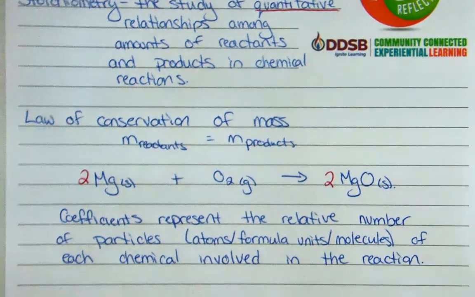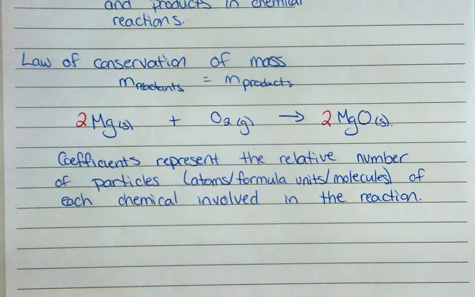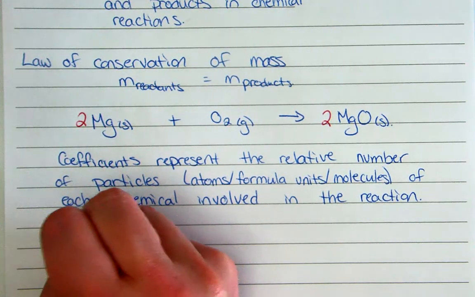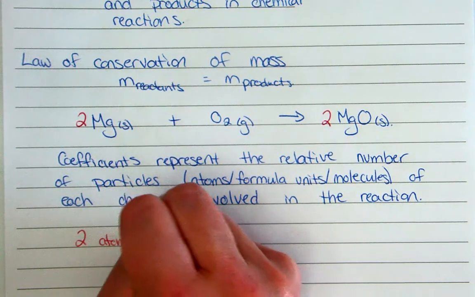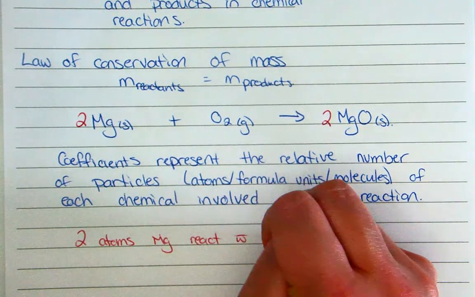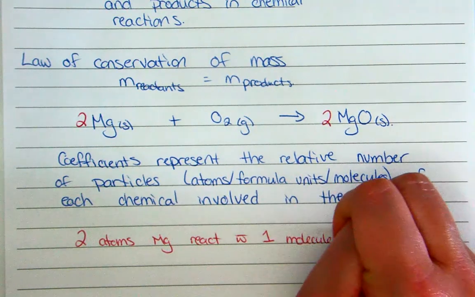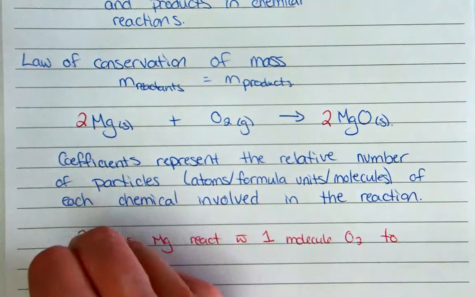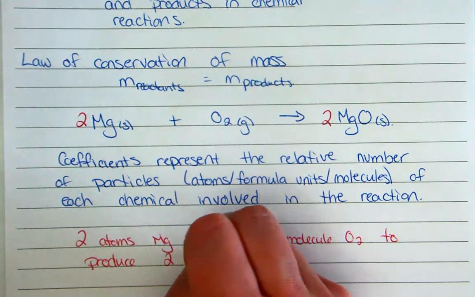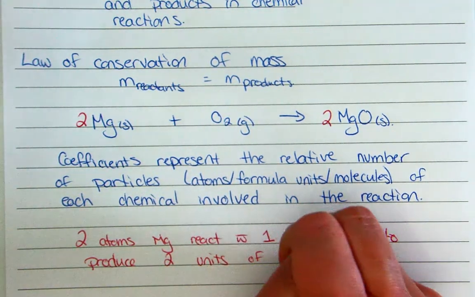So this is giving us a relative comparison. By using these coefficients, we see that 2 atoms of magnesium react with 1 molecule of O2 to produce 2 formula units of magnesium oxide.